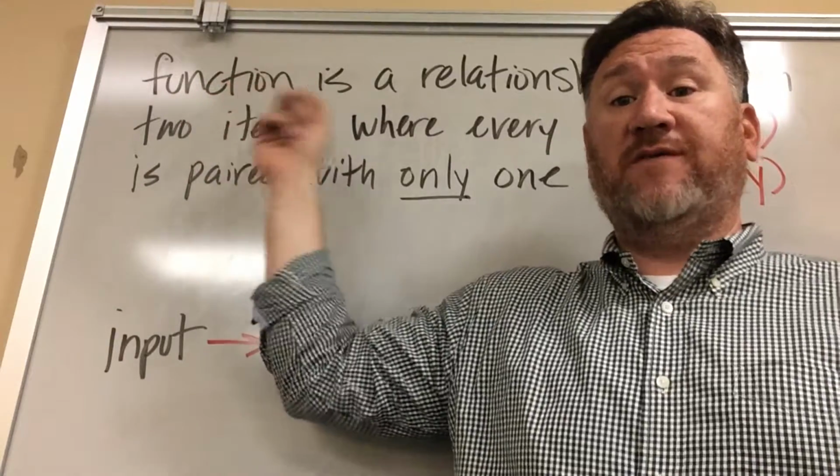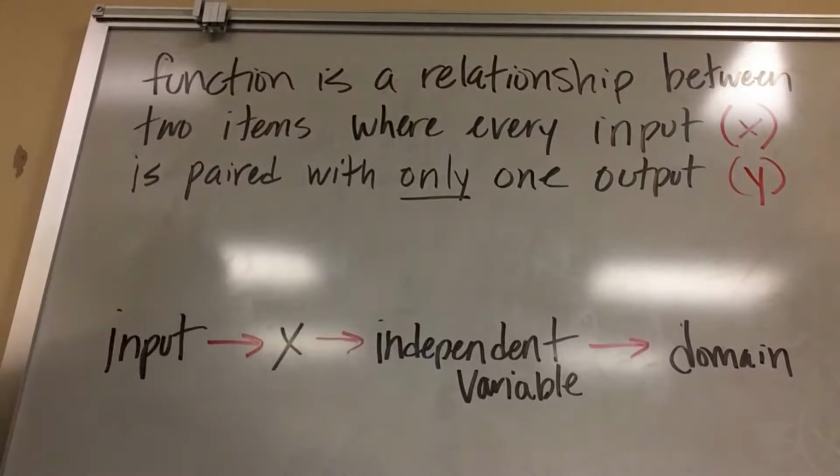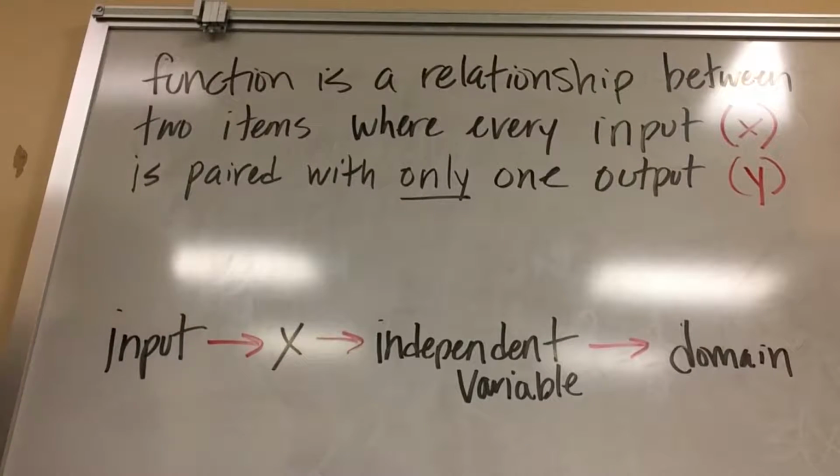What makes a relationship a function, and you can see up here on the board, is where there's a relationship between two different things, and every input has only one output. Every x has only one y.